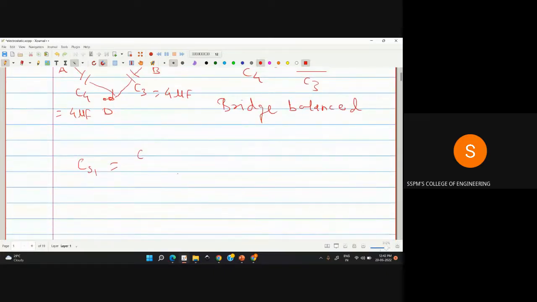C1 C5 divided by C1 plus C5 काय येणार? 4 into 4 divided by 4 plus 4. Every capacitor has a value of 4 microfarad. So it will be 16 divided by 8 is equal to 2 microfarad.